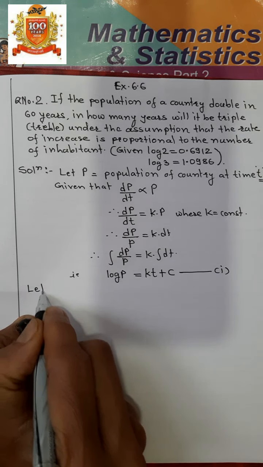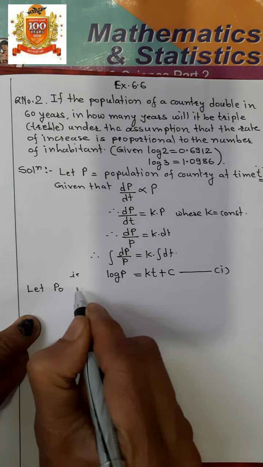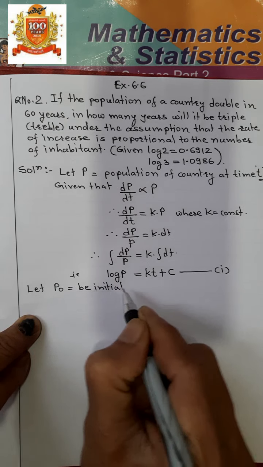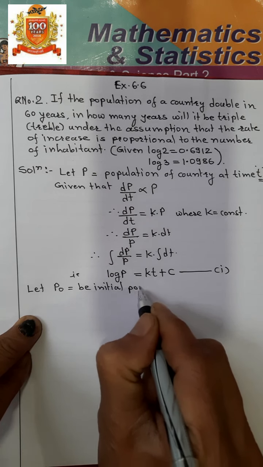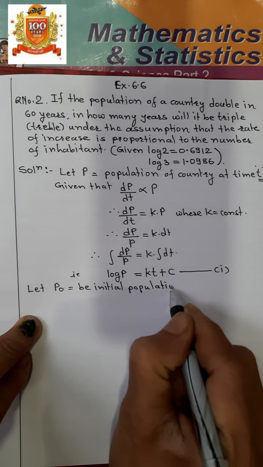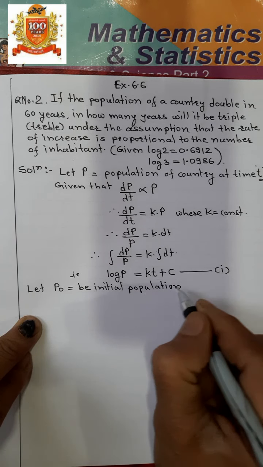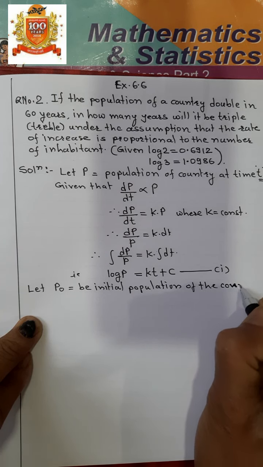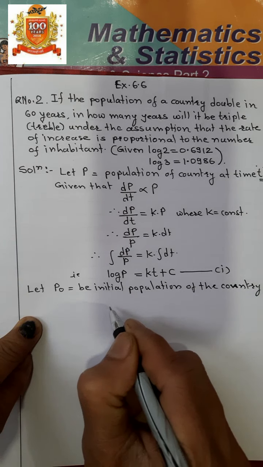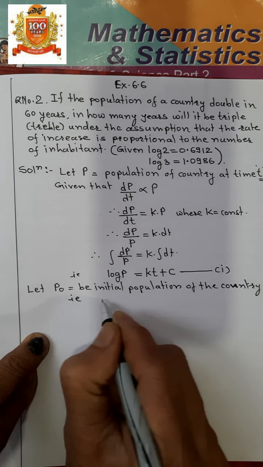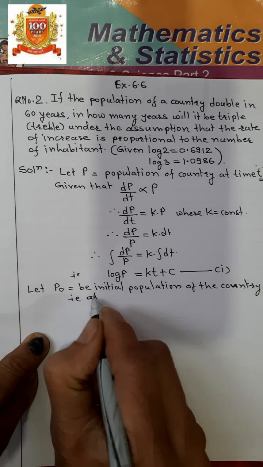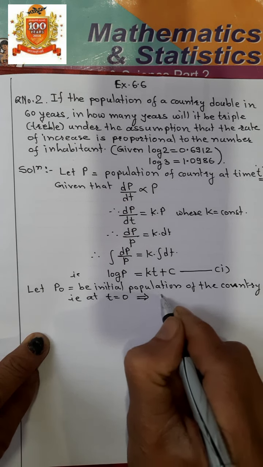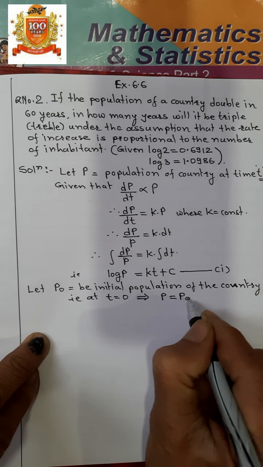Let P0 be the initial population of the country, that is, at t is equal to 0, P is equal to P0.